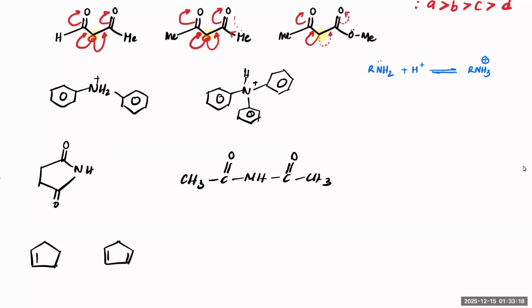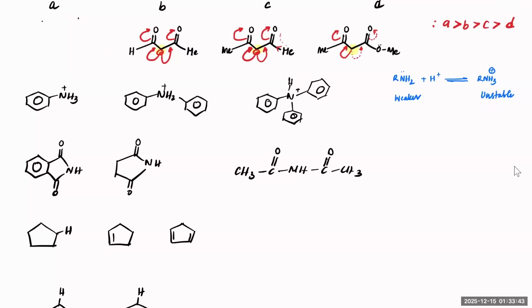Or I can say, if this acid has to be unstable, that means this amine should be a weaker base. A weaker base generates a stronger acid here.